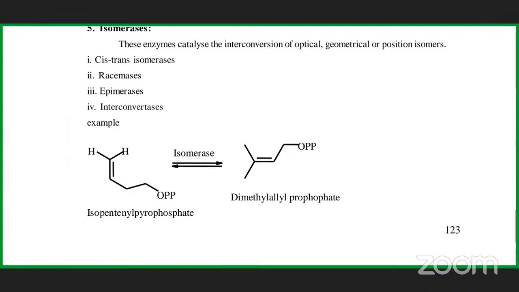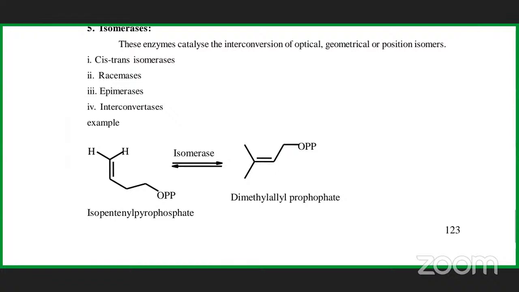Here is an isomerase example with isopentenyl pyrophosphate. The bond shifts from one carbon to another carbon. Only the bond shifting takes place; all the atoms are the same in both compounds, A and B, and it is an equilibrium reaction.